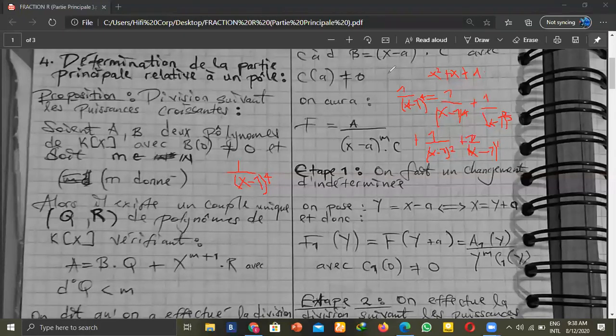Anyone else to help us? I wanted to ask, is the involvement of CX plus D, are we also supposed to find those things as we are decomposing?